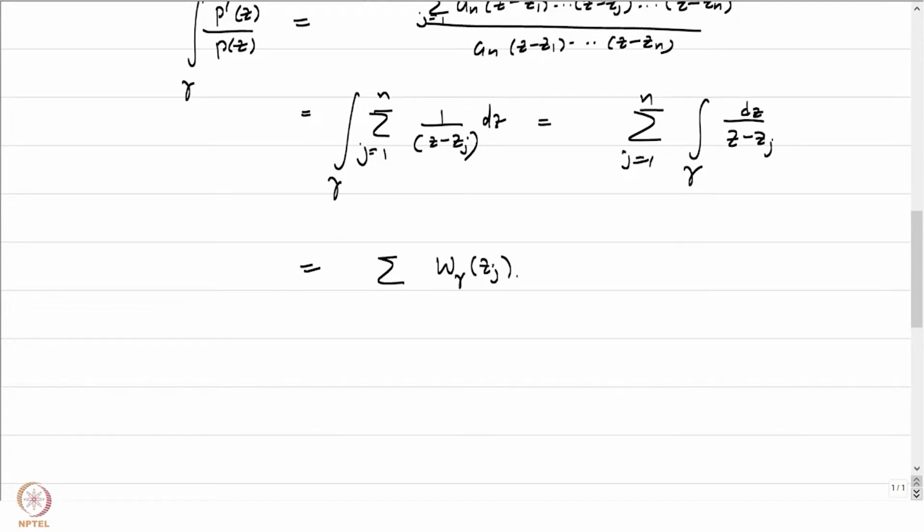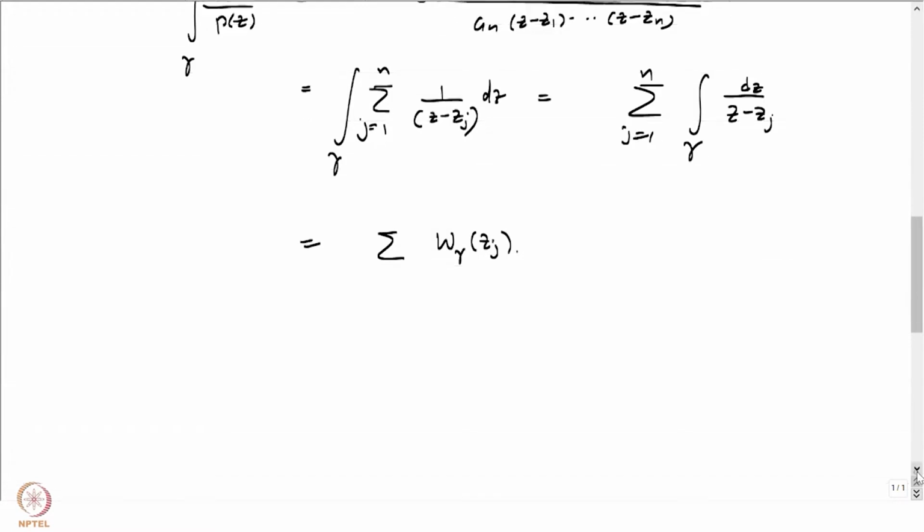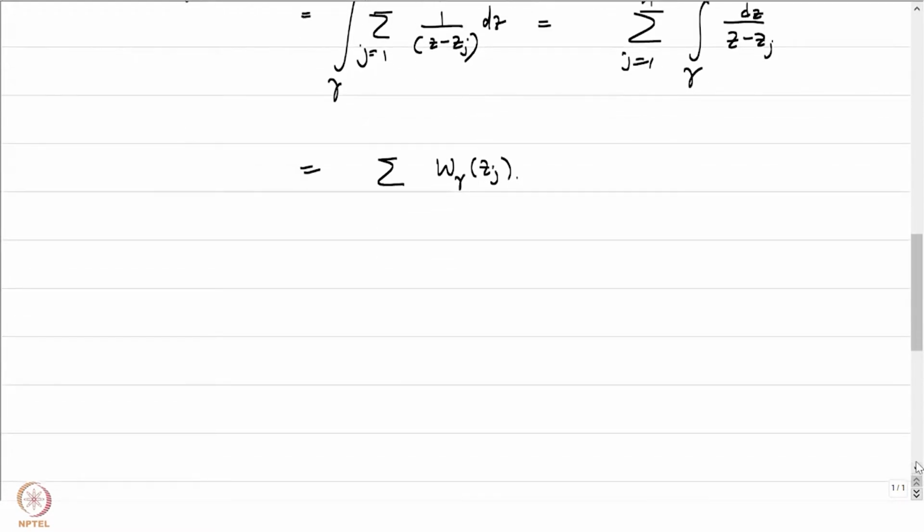Now we have assumed that all zj satisfy the condition that mod zj is less than capital R, and I leave it as an exercise for you to check that if we have a disk of radius capital R, and if you take any point inside it, the winding number is going to be equal to 1.